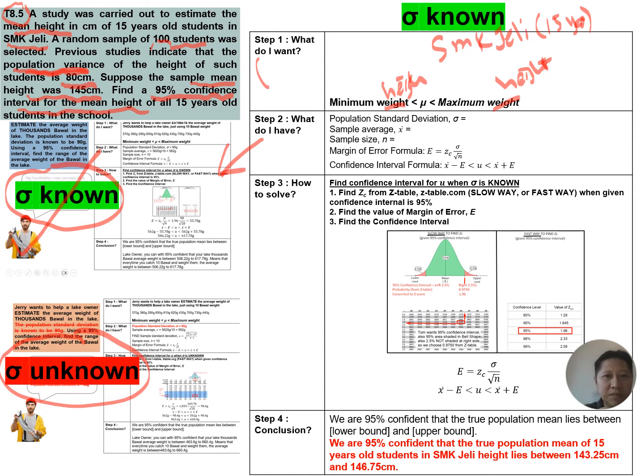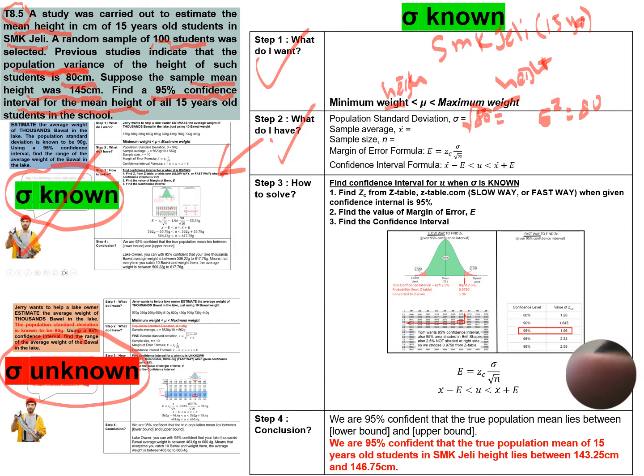Step number 2: what do we have? Population standard deviation we don't have. However, we have the population variance, sigma squared, which is 80. To convert to sigma, we just take the square root of 80. Using the calculator, the square root of 80 equals 8.9.